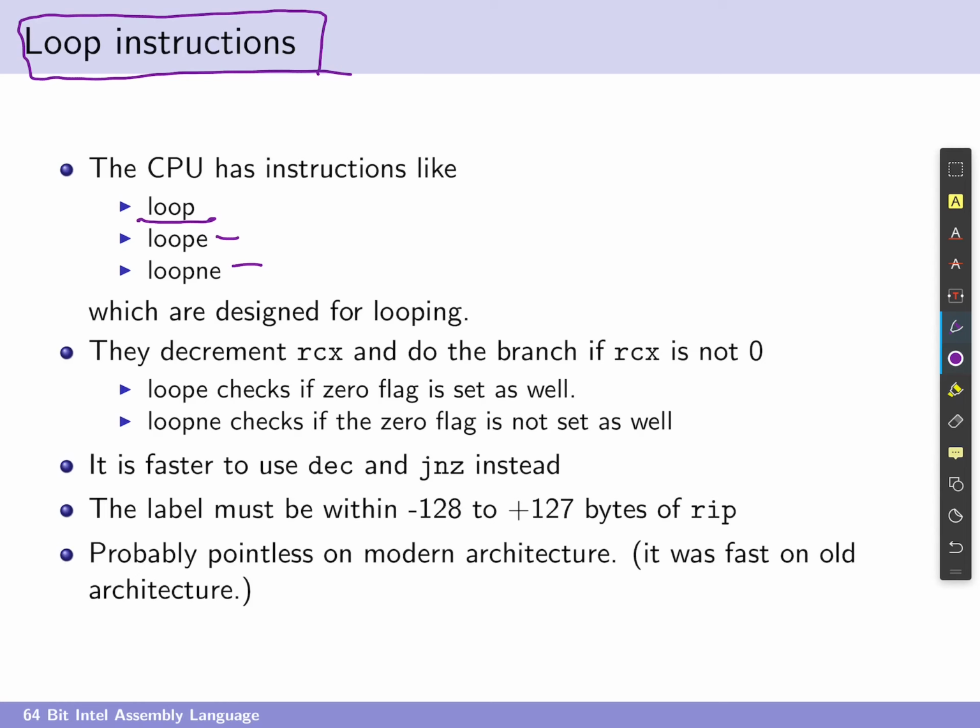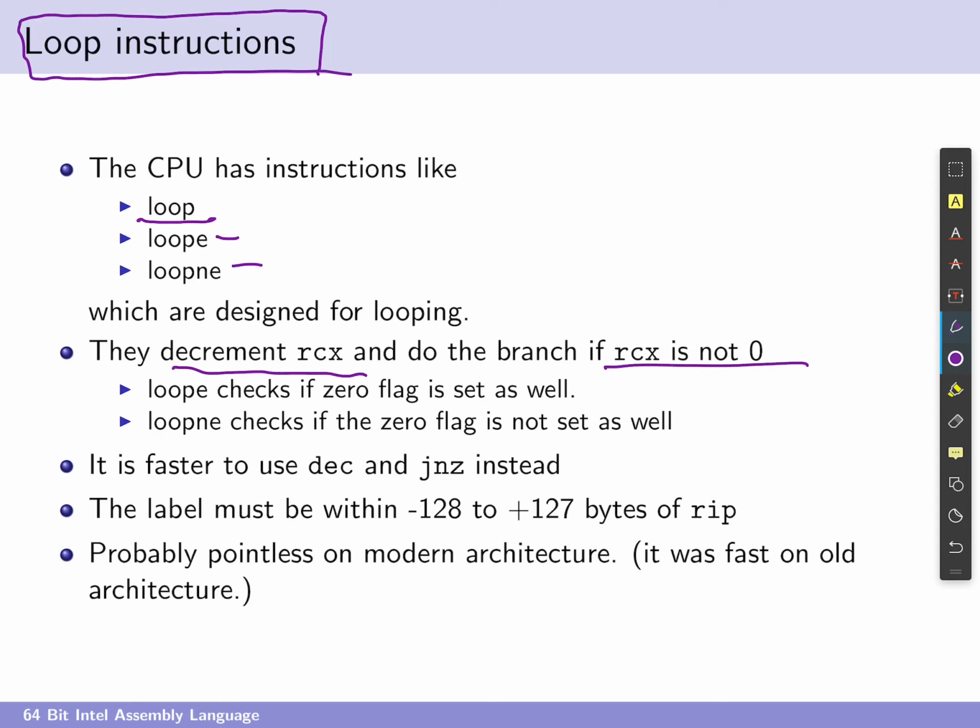But how do they actually achieve this? Well, the way in which they work, for the moment just consider loop, is that it decrements whatever is in RCX, and then it will branch, so it will perform a jump if RCX is not 0. So it decrements RCX, and if RCX is not 0, it will jump to a specific location you specify.